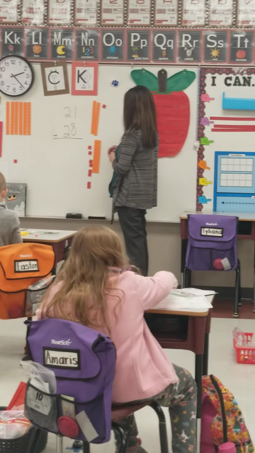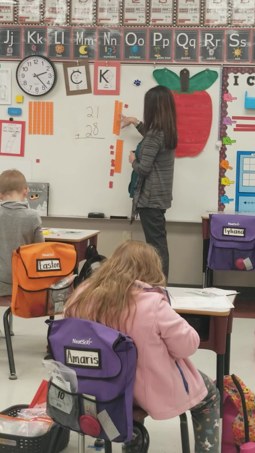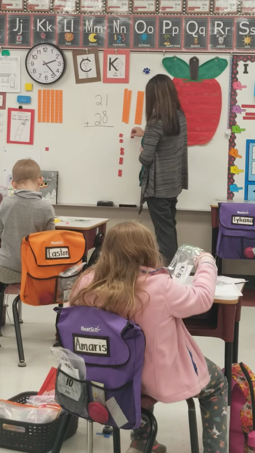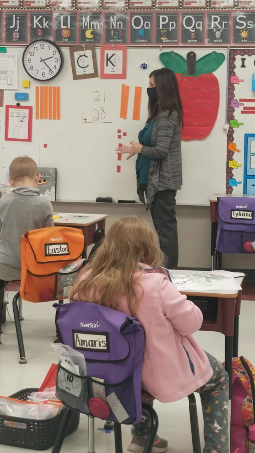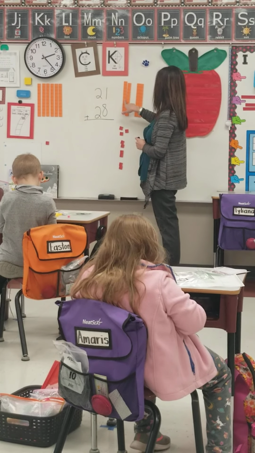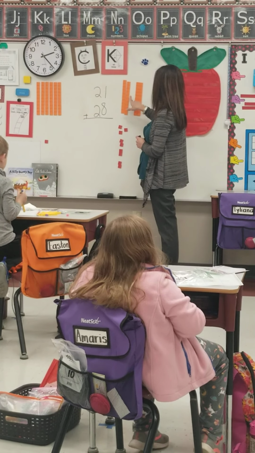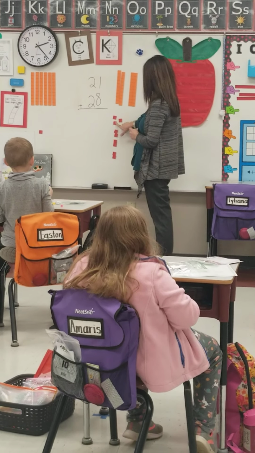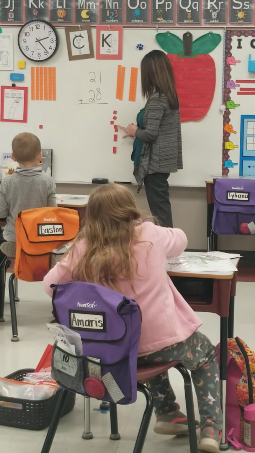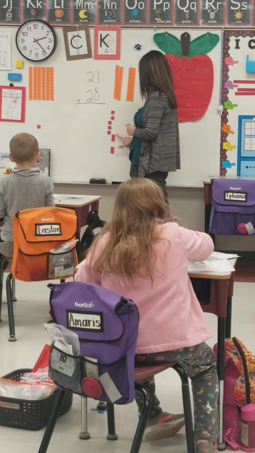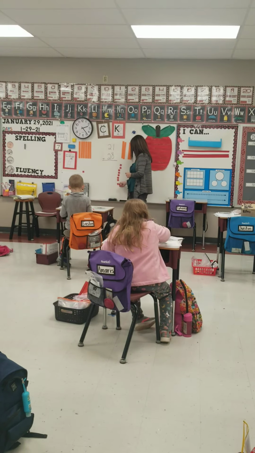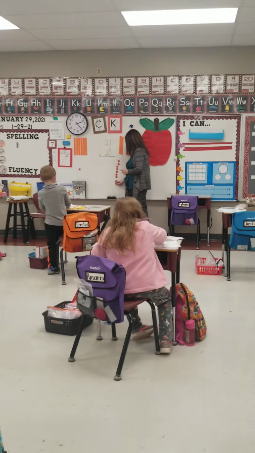Put them all together, like mix them together. Yes, we can put the 10s all together, right? And the 1s all together? Well, let's try that. Let's count by 10s. 10, 20, 30, 40, 41, 42, 43, 44, 45, 46, 47, 48, 49.